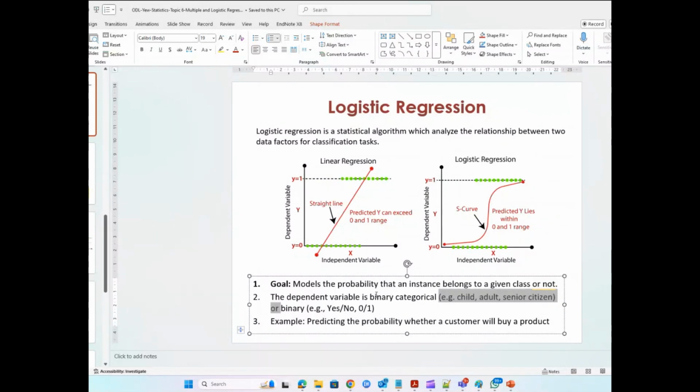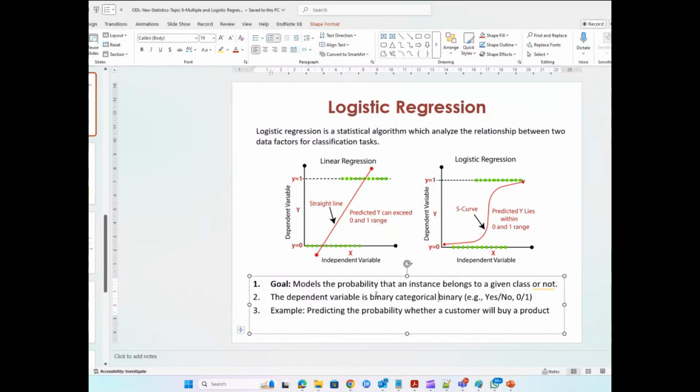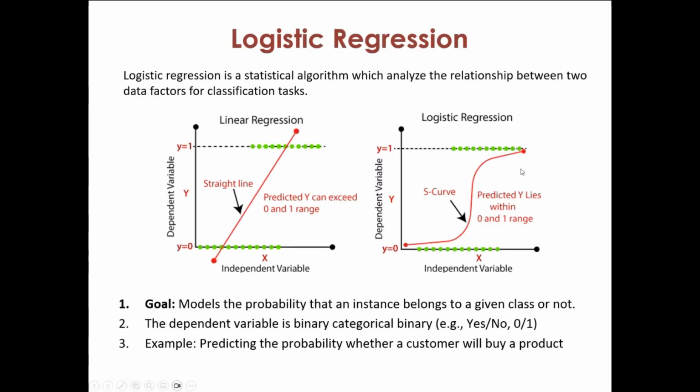Because it is an S curve, you'll only be splitting the data into 2 clusters. That's why it's binary. For example, the customer will buy or not. You have 2 possible outcomes.